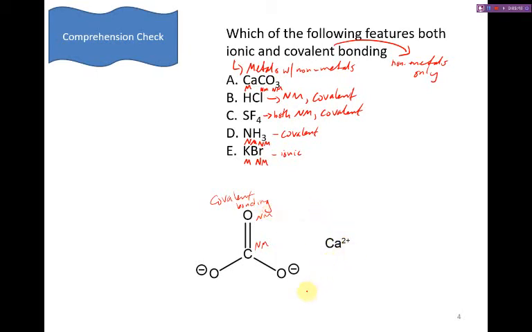And then you have calcium interacting with this group of nonmetals. So we have a nonmetal group interacting with a metal, and that exhibits ionic bonding. So calcium carbonate is a little bit more difficult because you have both types of bonding present, and it's not necessarily obvious at first glance.